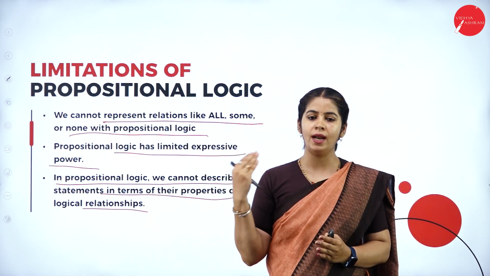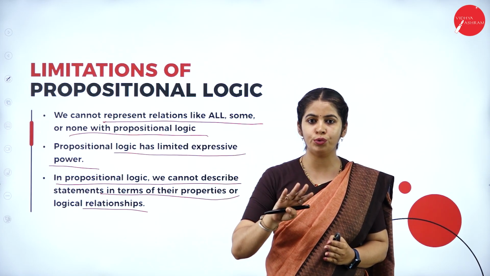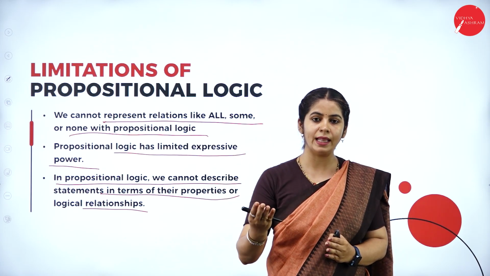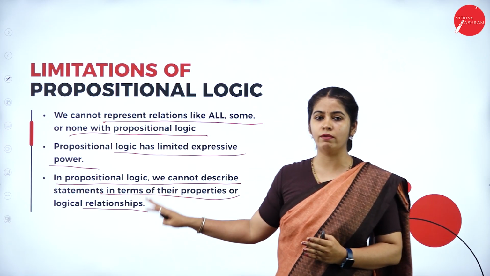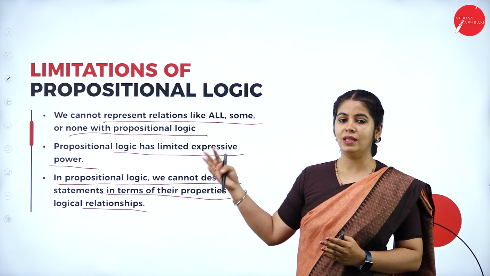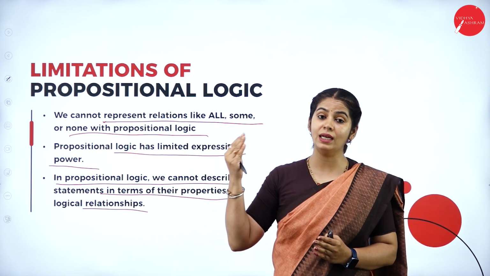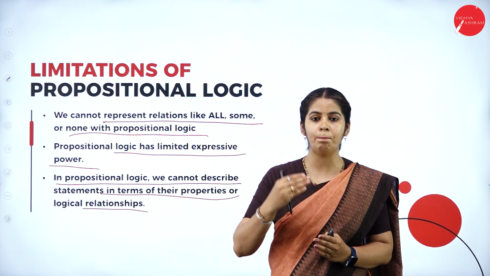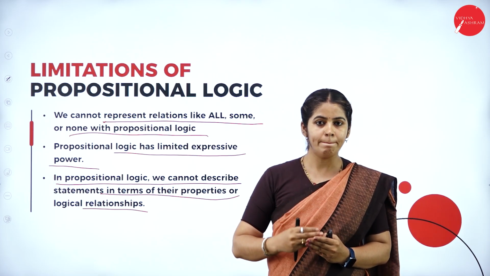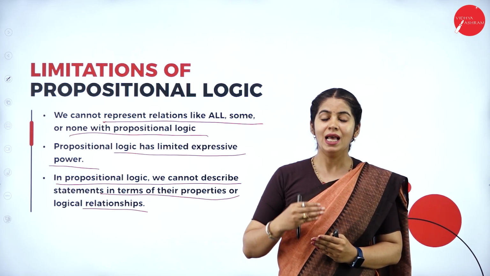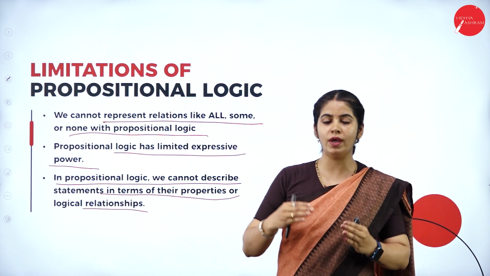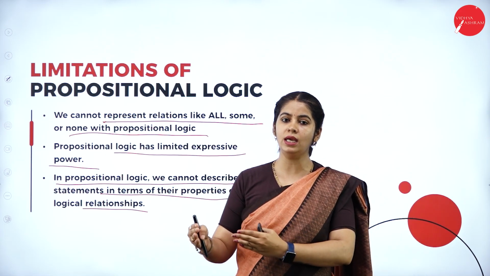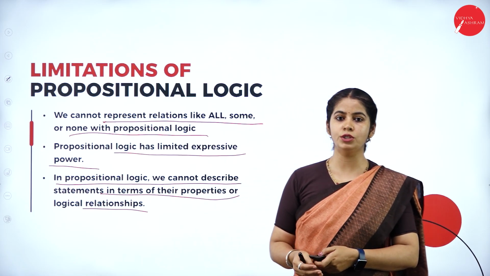What is going on in and around here is not just true and false; you have more than that. To represent such real world scenarios, we have to go for some other method, that is the first order logic method, which cannot be handled by propositional logic. Those are the limitations we have in propositional logic. So we have to move to another technique to represent the knowledge base.